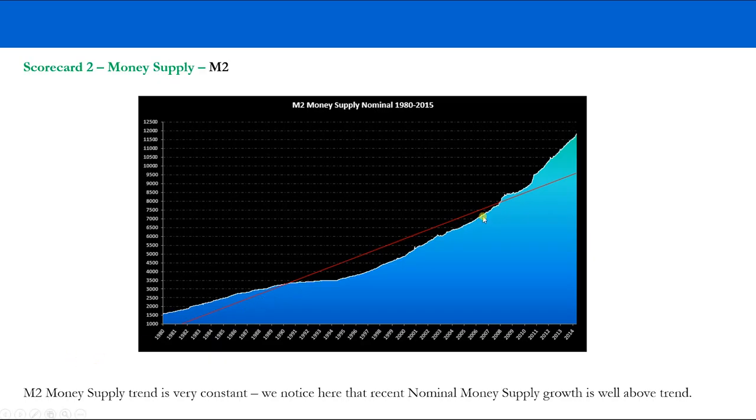We've worked out an average here, and we can see that the money supply trend is very, very constant. And this is going all the way back from 1980 up to present day. And we notice from this overall average trend that since the financial crisis in 2007-8, the increase in the money supply is well above trend. So we have to just understand the bigger, broader picture.